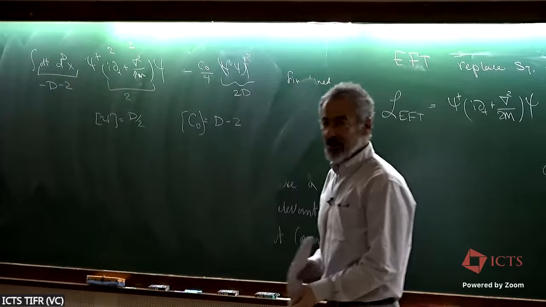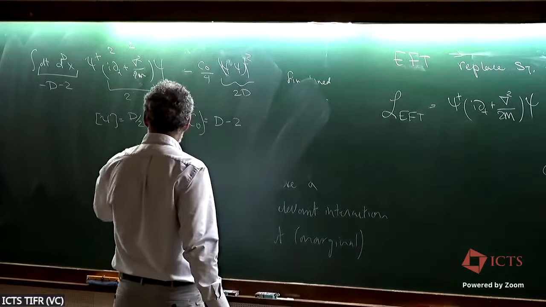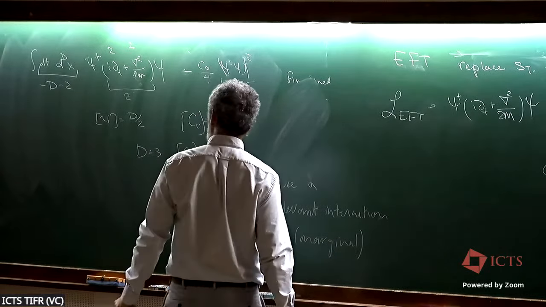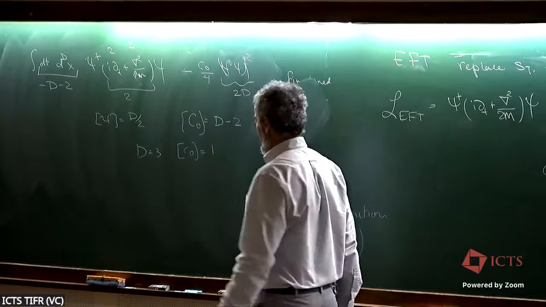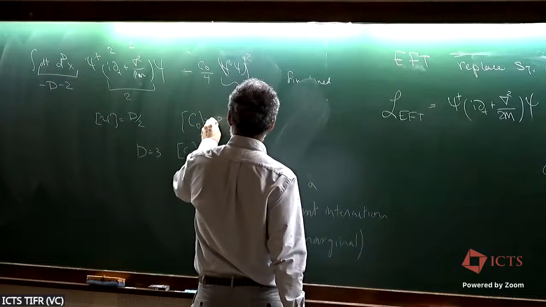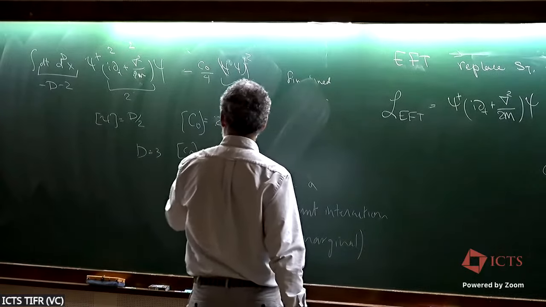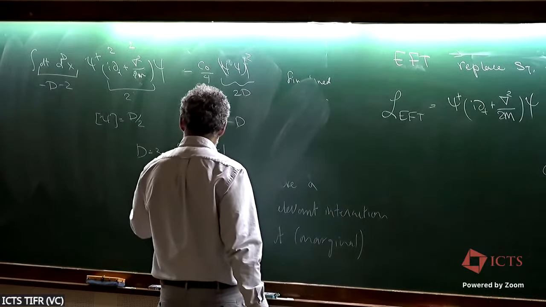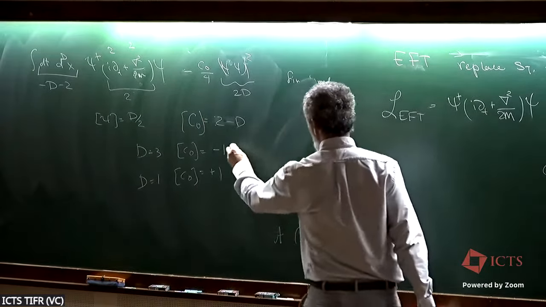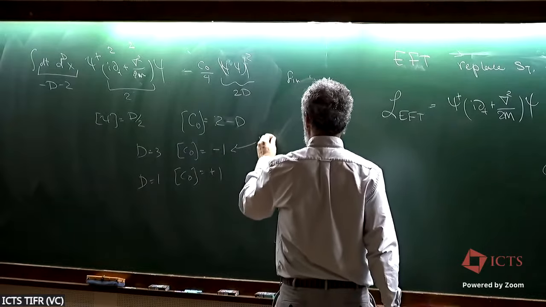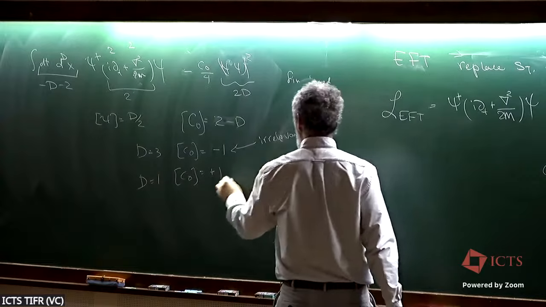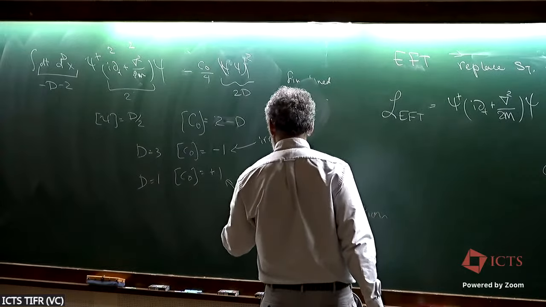And this is a useful scaling because if D equals 3, we see c naught has dimension, sorry, this is 2 minus D. c naught has dimension -1, and in D equals 1, c naught has dimension +1. Okay, and this is the hallmark of an irrelevant interaction. It's got negative scaling dimension. And this is a relevant one.